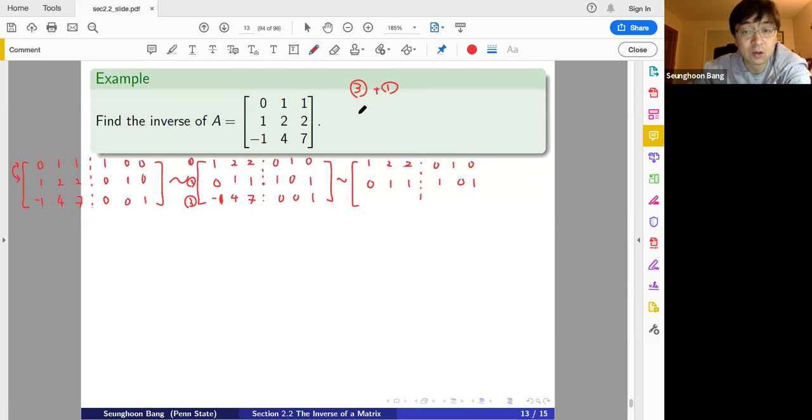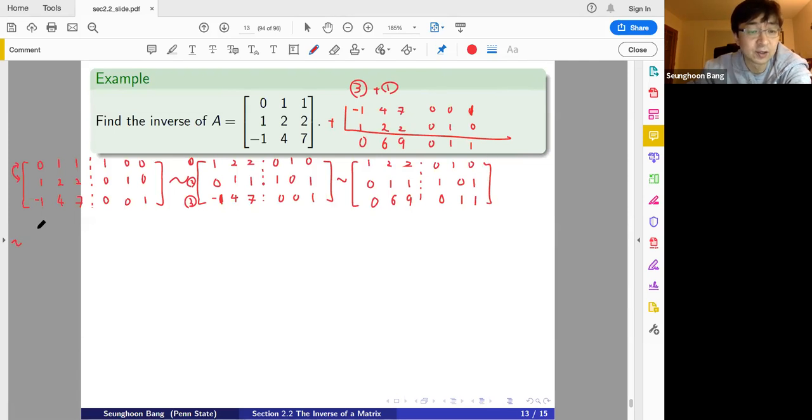The third row is -1, 4, 7, 0, 0, 1. Adding the first row, we have 0, 6, 9, 0, 1, 1. So we have it.